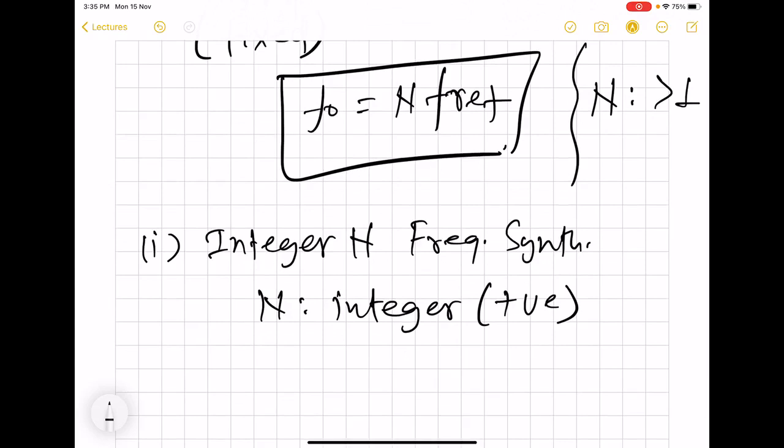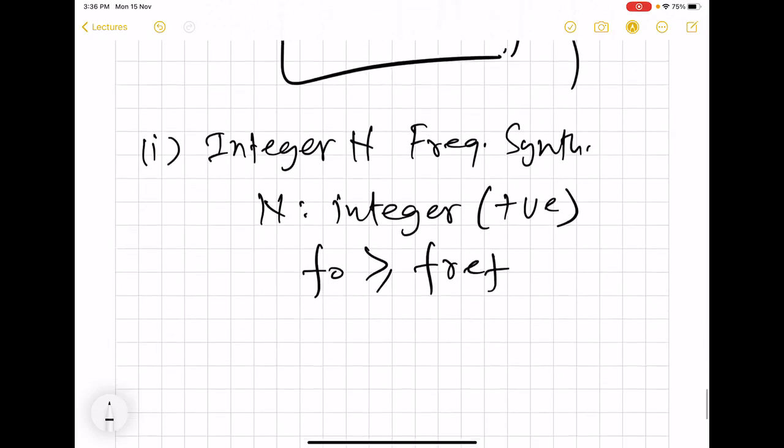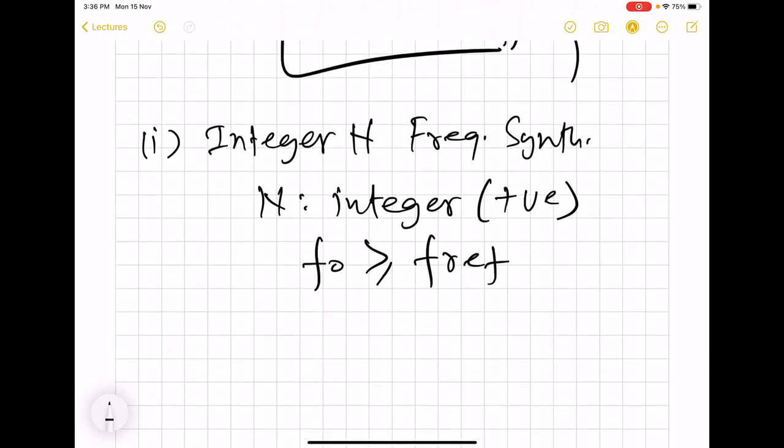From here, you can conclude that the F output will always be greater than or equal to F reference, and the relation will always be integral. That means output will be 2 times, 3 times, 4 times, and so on. Of course, if we have a scenario where we want a frequency output which is, for example, 1.5 times the F reference, then this cannot be used.